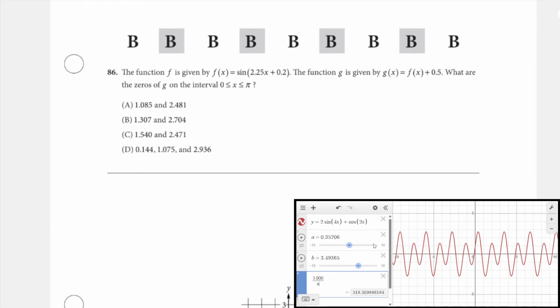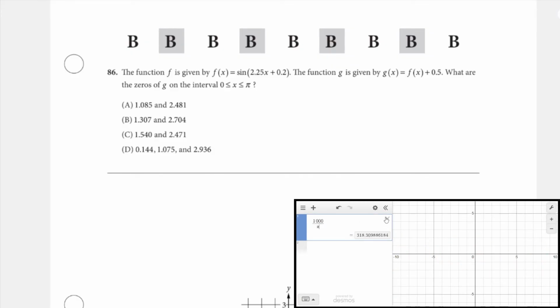All right, now function f is given by this formula. We have another formula for g. What are the zeros of g? And this is a place where Desmos is going to shine.